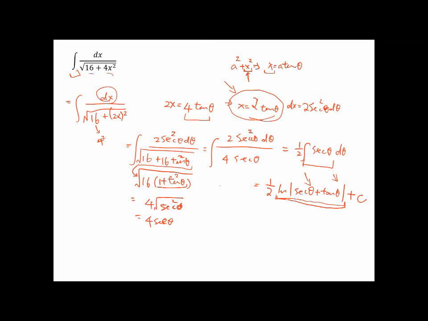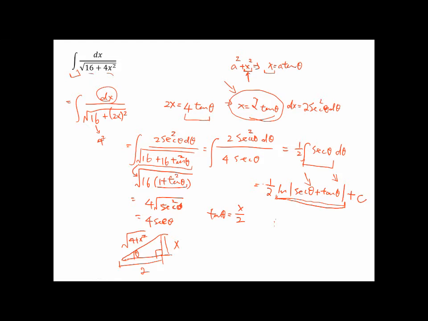Okay, x equals 2 tangent theta, which indicates tangent theta is x over 2. Draw that triangle. That is our triangle method. Right angle, theta here, and tangent theta is this side over this side, right? x over 2. Okay, and then the third side is the square root of 4 plus x squared.